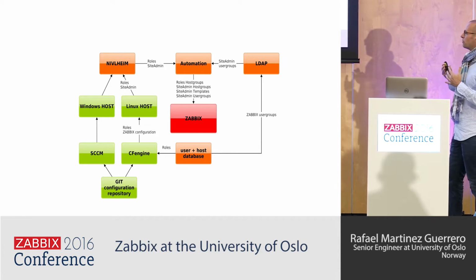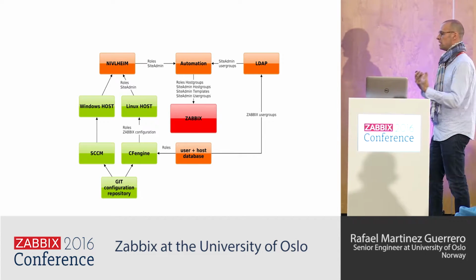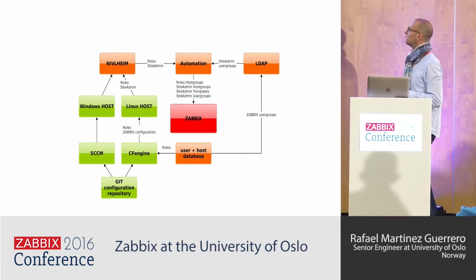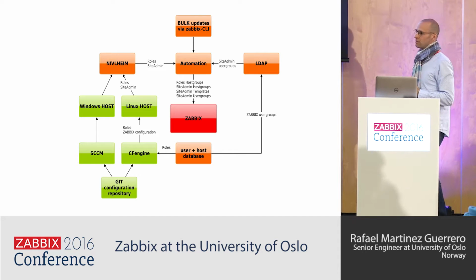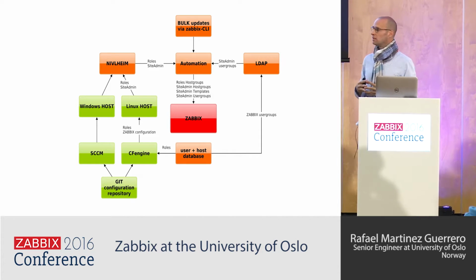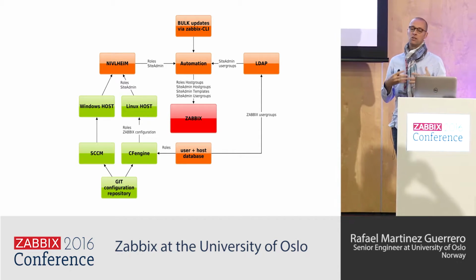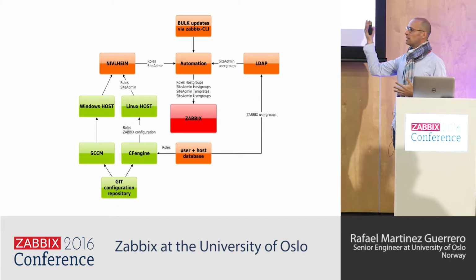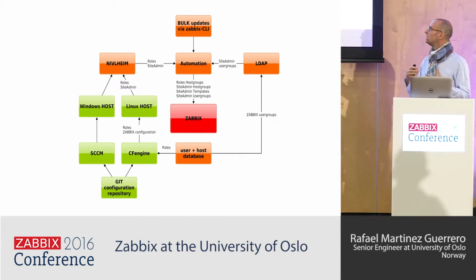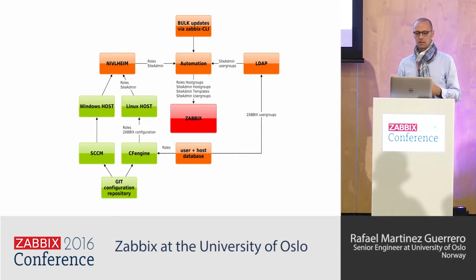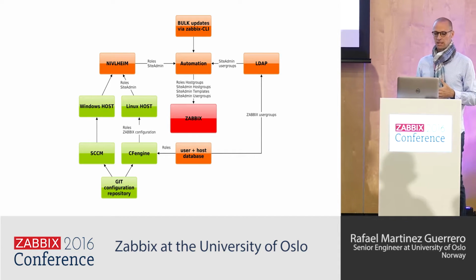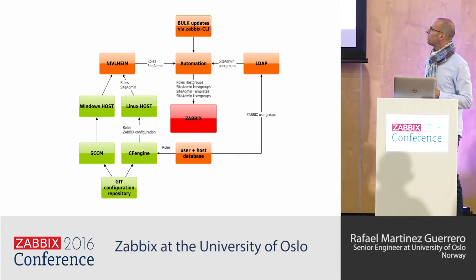In this way, we get everything in a very easy way. On top of this, we have some devices and services where we cannot install the NuHem agent, so we have bulk updates to update the system with these devices and things that we have to monitor.